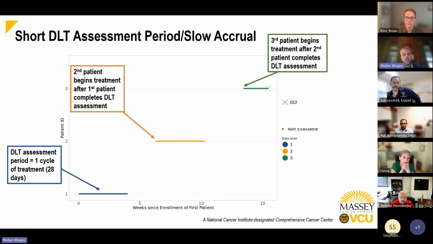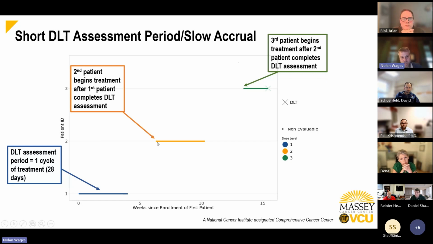So here's an assumption about the DLT endpoint that is inherent in the designs that we've talked about so far. Let's say we have a 28-day cycle that we're using as a DLT evaluation window. This may be a slightly unrealistic case, but it illustrates the point. The first patient starts at week 0 and goes for 4 weeks, 28 days, and fully completes the DLT evaluation window of 1 cycle.